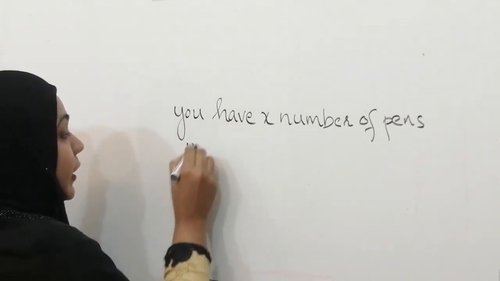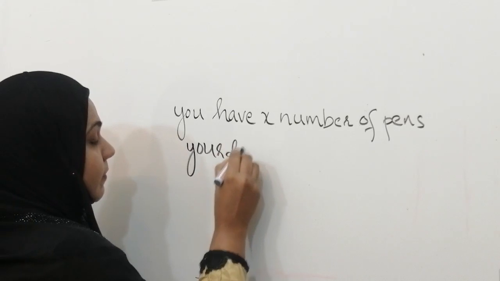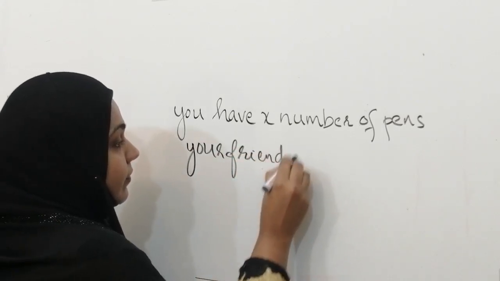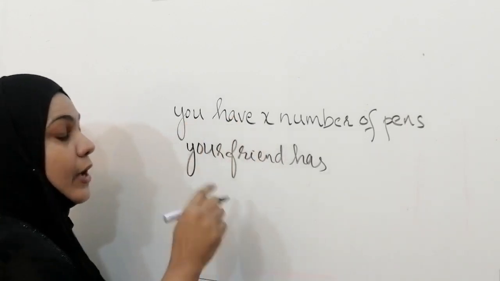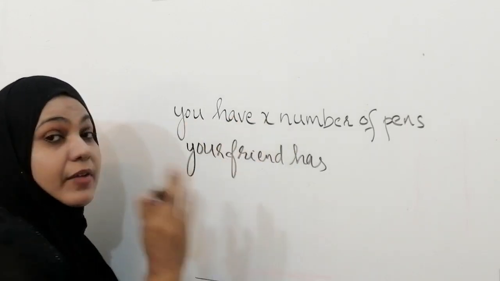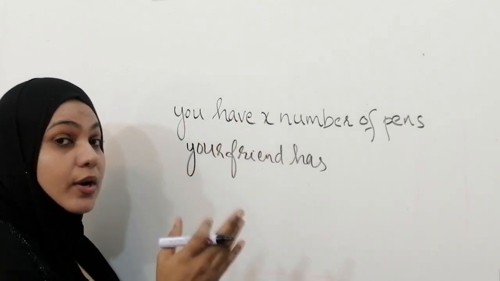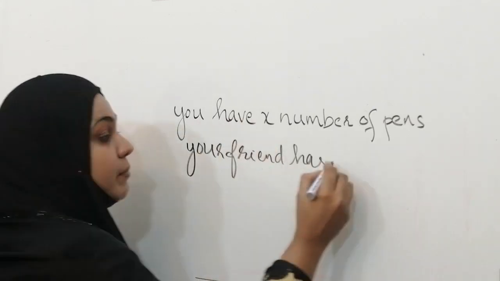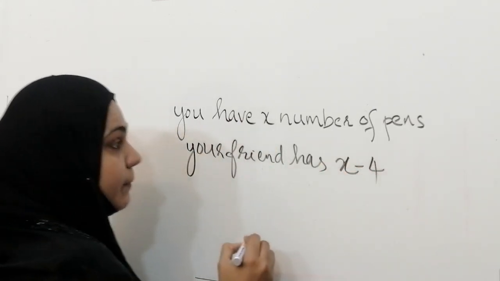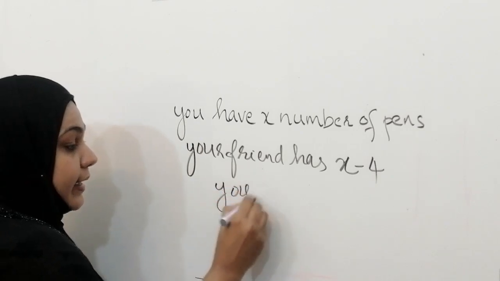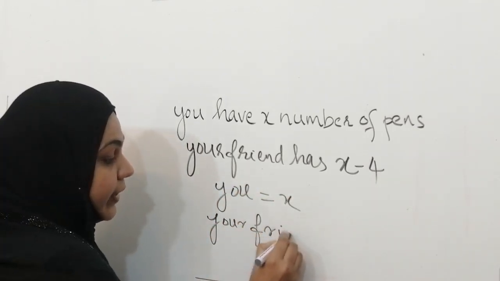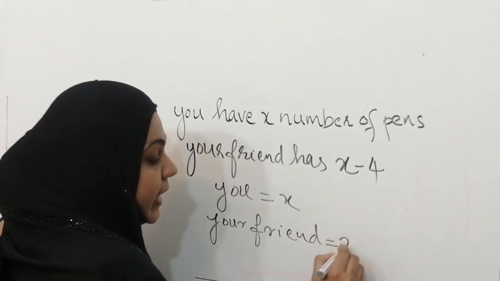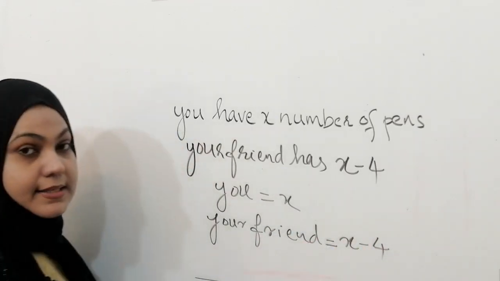So that means you have X number of pens, and 4 less than X number of pens means X minus 4. So you have X and your friend has X minus 4 pens.